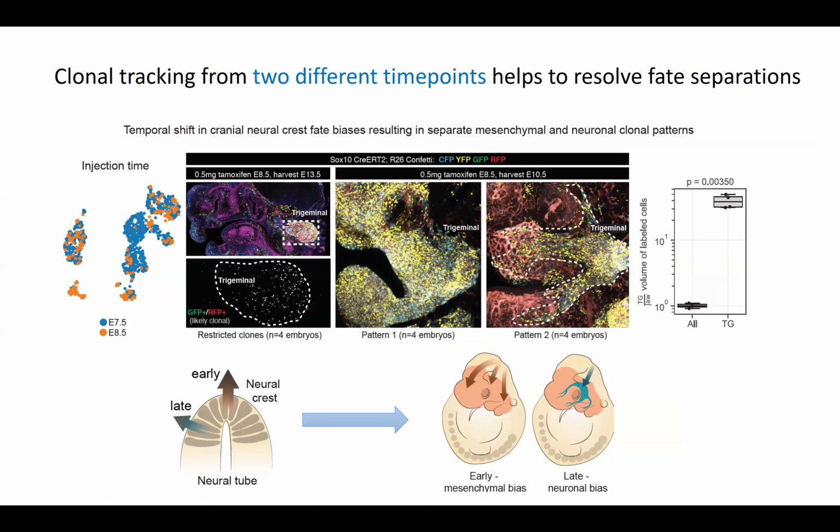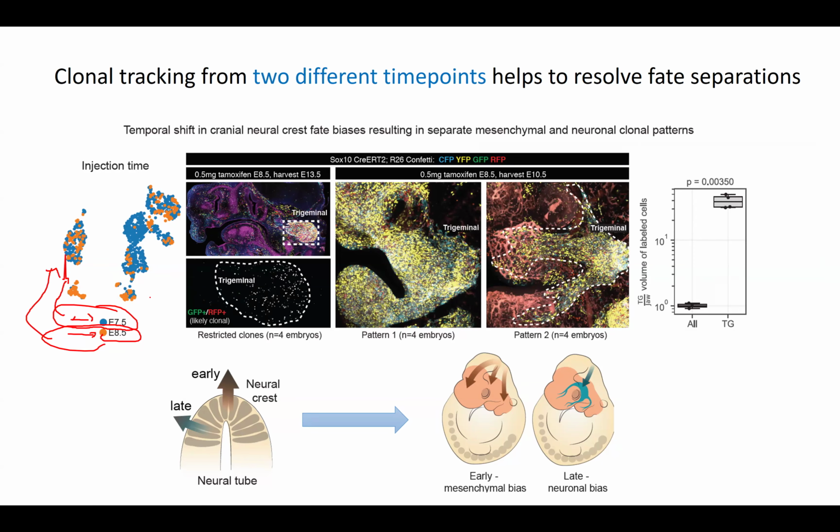Also, we can try to understand how progenitors gradually lose this competence over time. We can inject the virus at two different time points: at E7.5, when clones are still early and progenitors are more multipotent, and just 24 hours later at E8.5. And you can see here the results of this experiment.